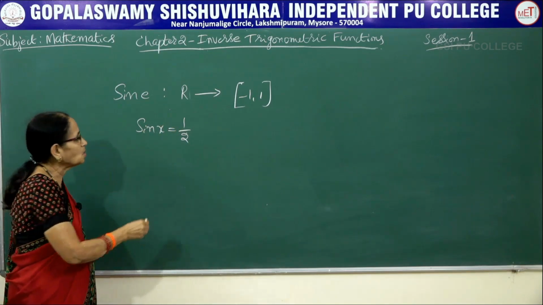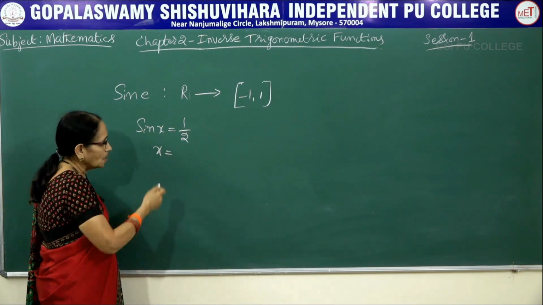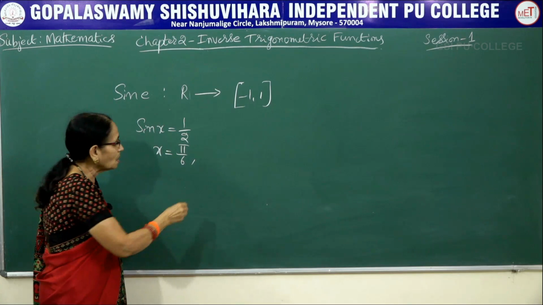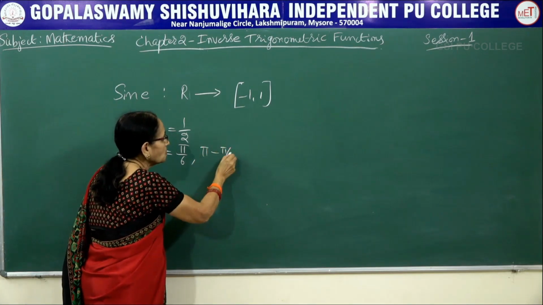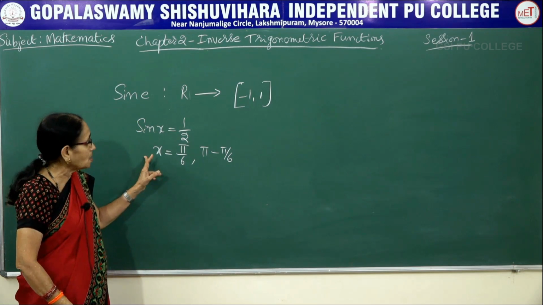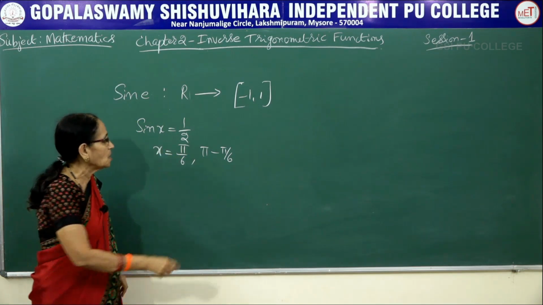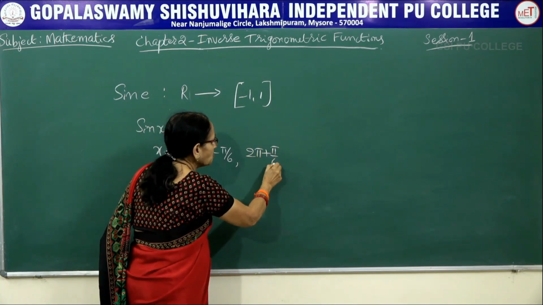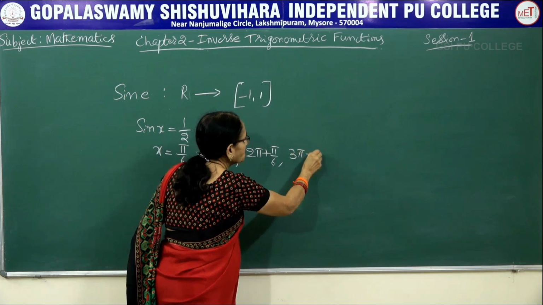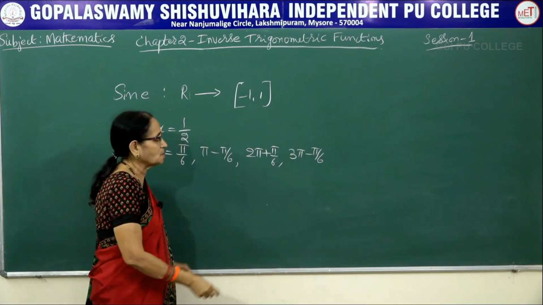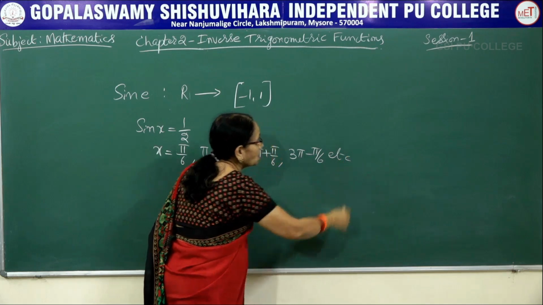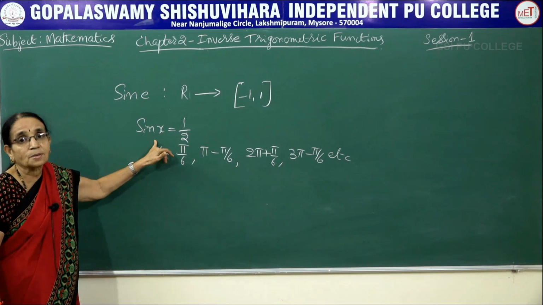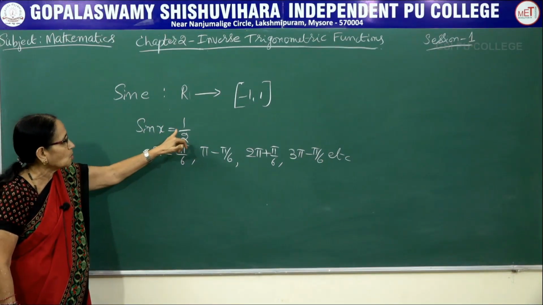Now, what can be the values of x here? x can lie in the first quadrant, that is pi by 6, or it can lie in the second quadrant, pi minus pi by 6, because in the second quadrant also the sign is positive, or after completing one round you can write it as 2 pi plus pi by 6, or 3 pi minus pi by 6, etc. So, how many values can we write? We can write an infinite number of values for x. All of them would certainly satisfy the equation sin x equal to 1 by 2.